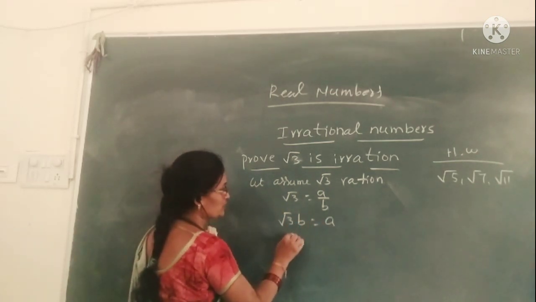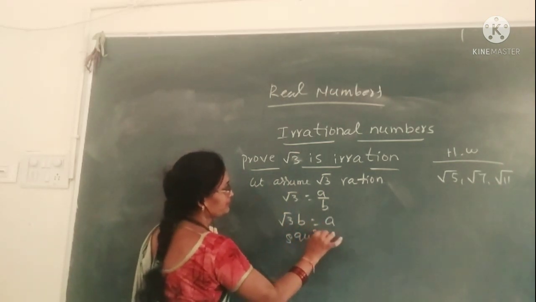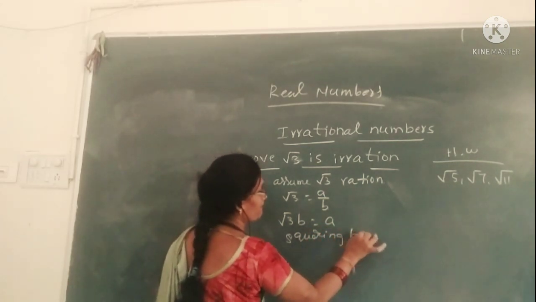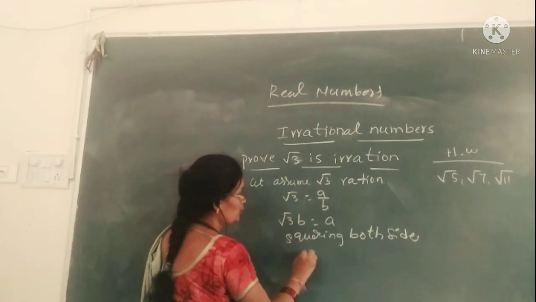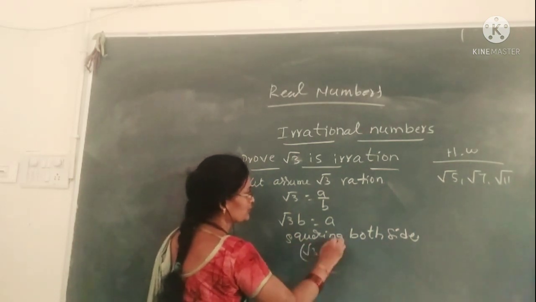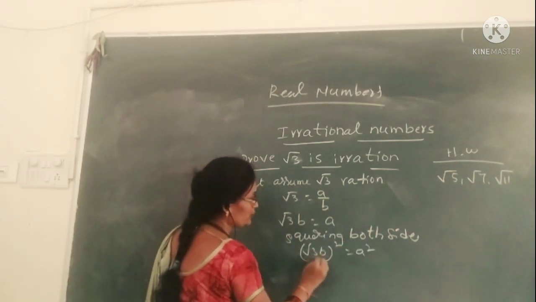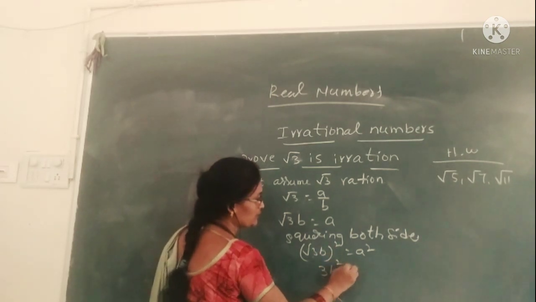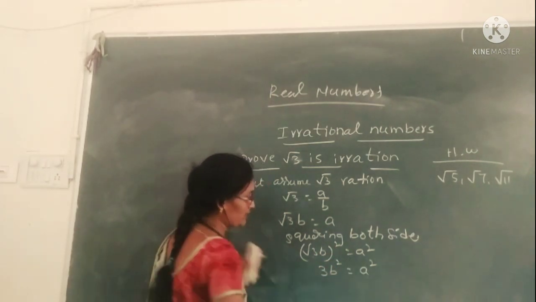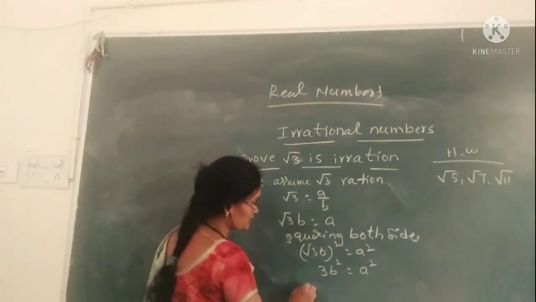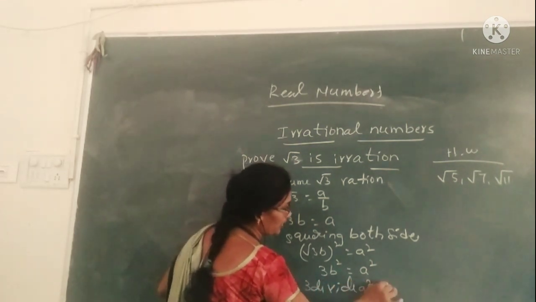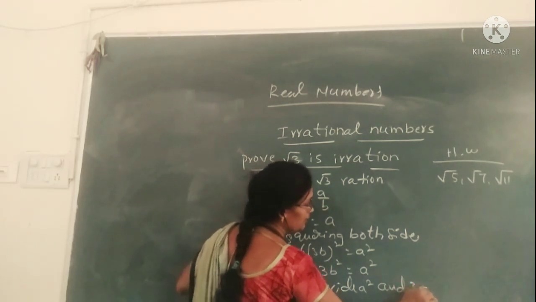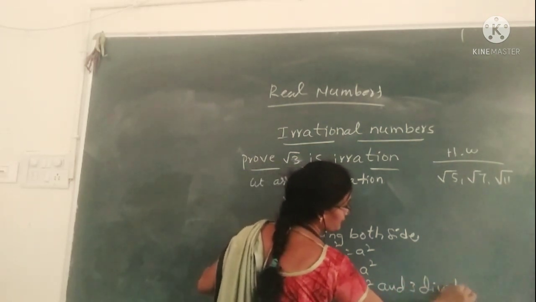Squaring both sides, (root 3 b)² is equal to a². So 3b² is equal to a². Then we can observe that 3 divides a², and so 3 divides a.